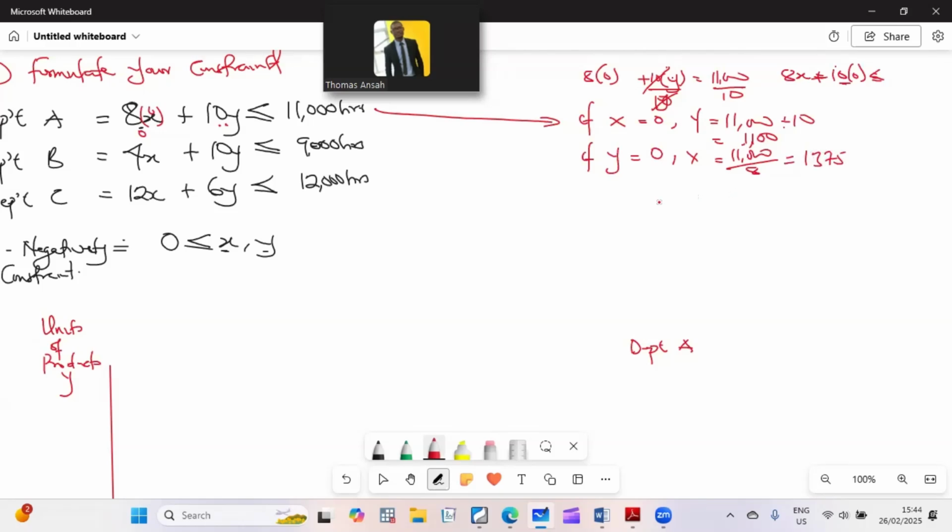So therefore, for department A, the axes to draw: on the X axis, we will need 1,375, then on the Y axis, we will need 1,100. So basically, that is how it is going to be. All right.